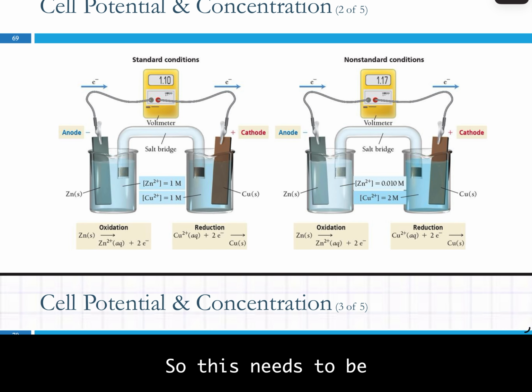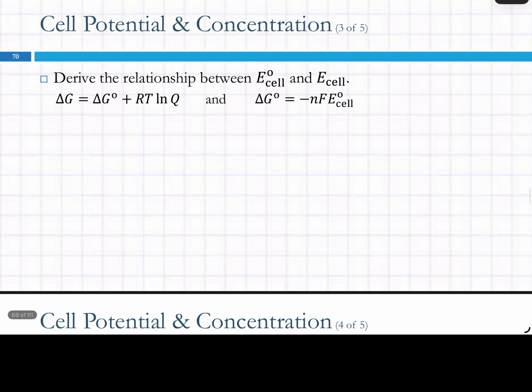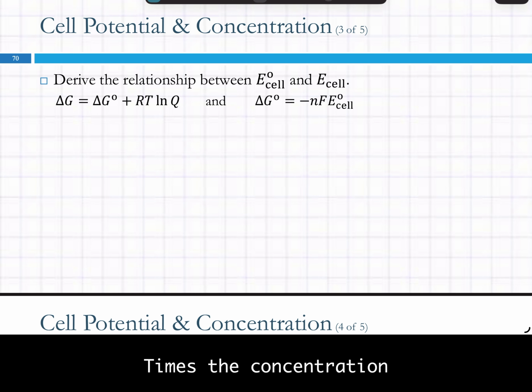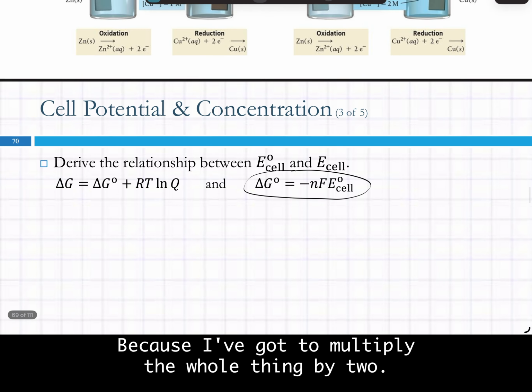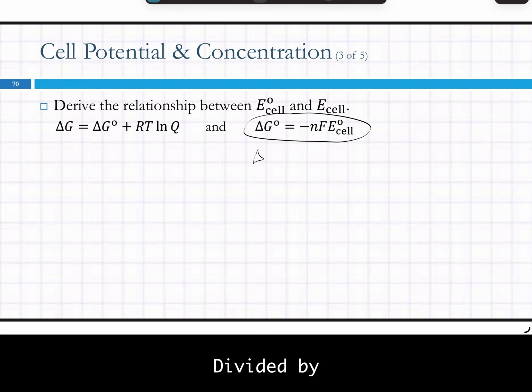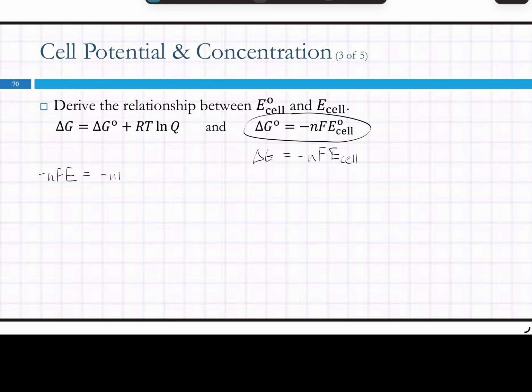So this needs to be the concentration of nickel 2 plus times the concentration of that vanadium, but squared because I got to multiply the whole thing by 2, divided by the concentration of VO2 plus squared times the concentration of hydrogen, sorry, not squared, but to the 4th.